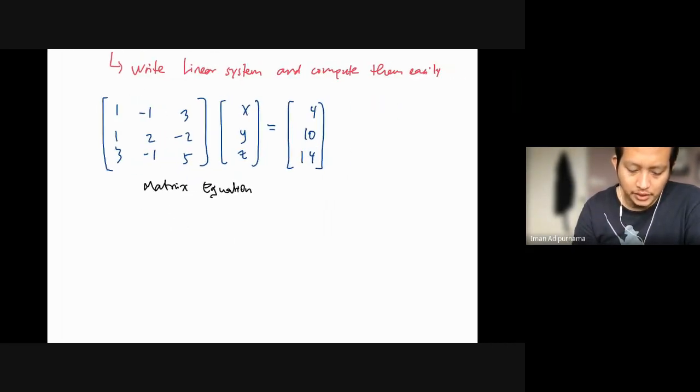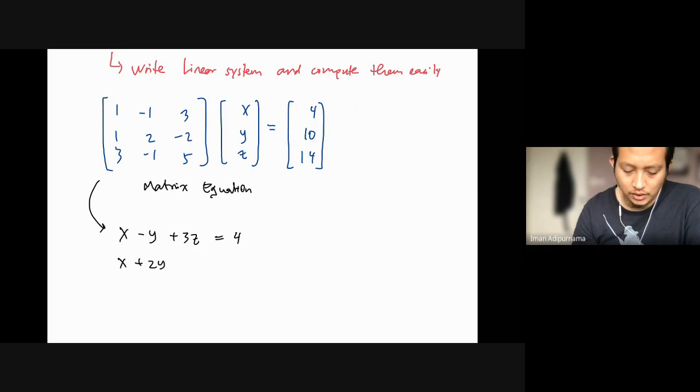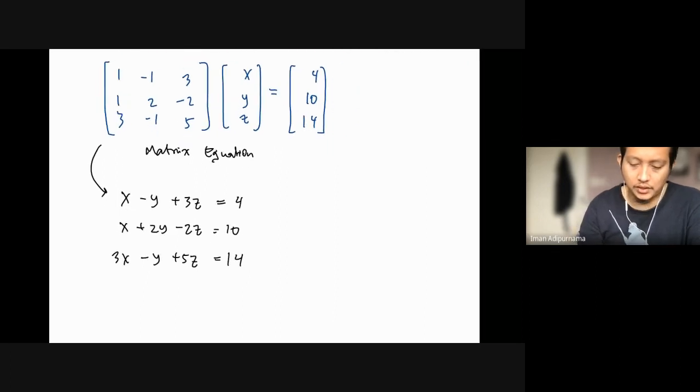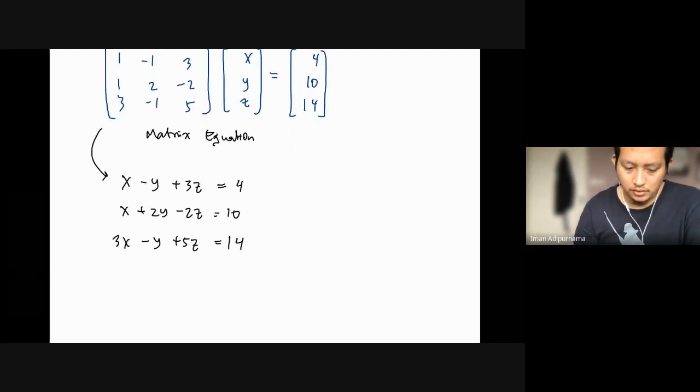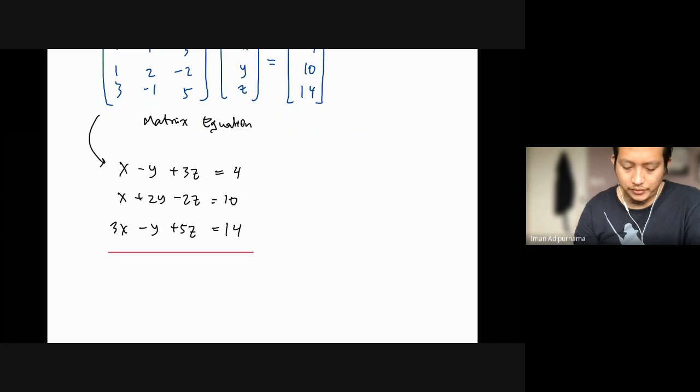If you perform the multiplications, we have x minus y plus 3z is 4, x plus 2y minus 2z is 10, and 3x minus y plus 5z is 14. So we have this system of linear equations.